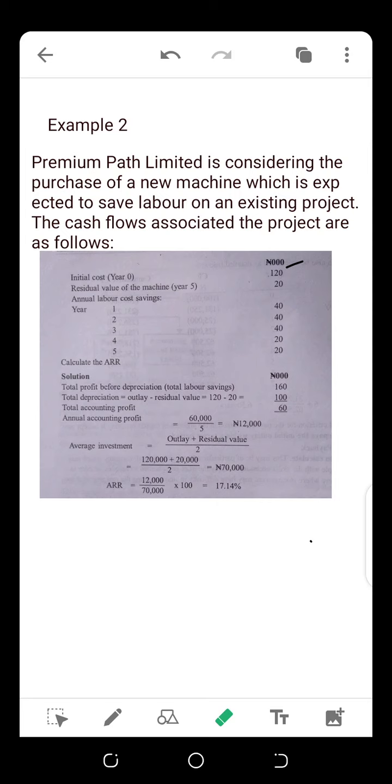If you take a look at these questions very well, you will see that from the savings we have for year 1 to 5, if you punch your calculator, 40 in 3 places, plus another 40, you have what? 160.